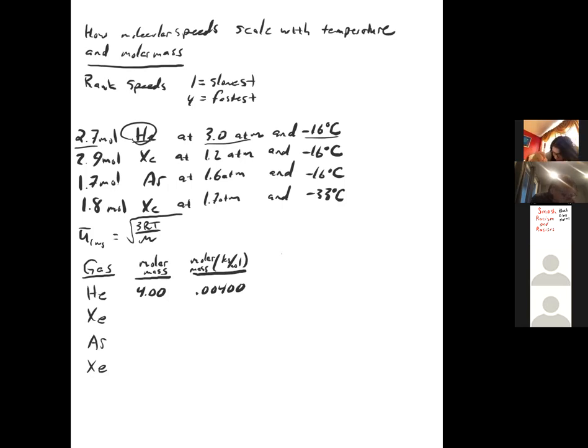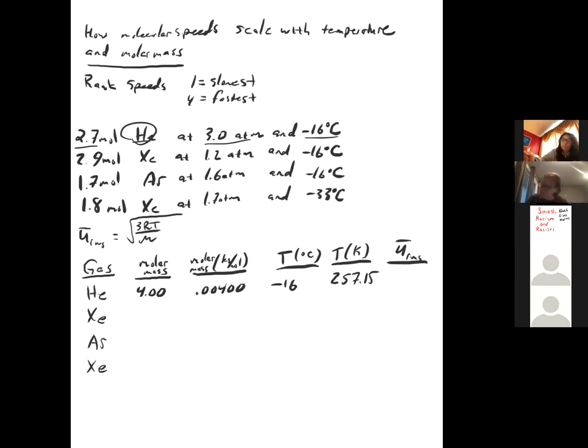And then our temperature in Celsius is -16, but we really need it in Kelvin, right? So we're going to add 273.15. So you get 257.15. There you go. So I just added 273. And now we can just calculate the speed for that one.